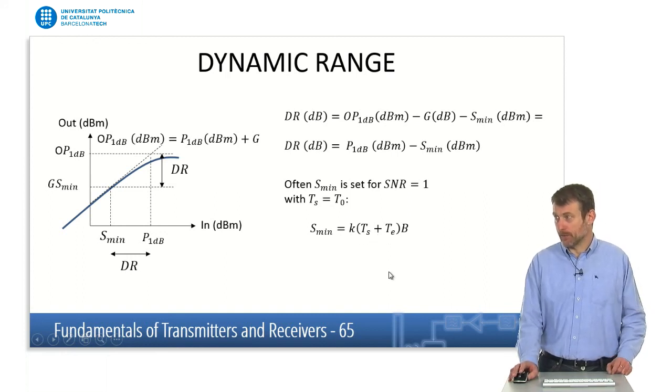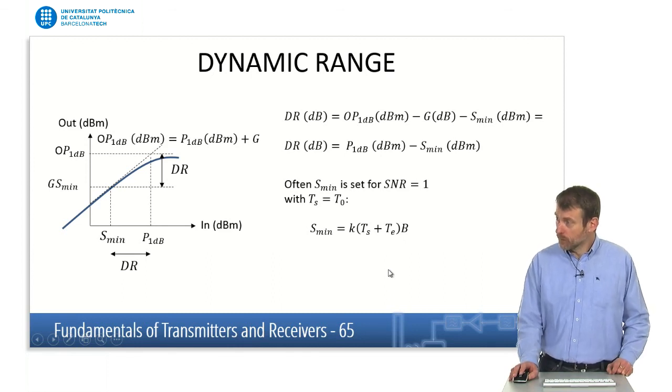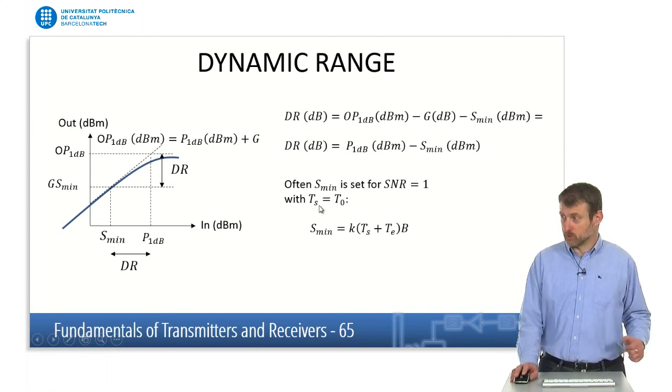Everything depends on how this minimum signal specification is defined. And often also the noise temperature for the antenna or whatever source we have connected at the input of the receiver is set to T0, to 290 Kelvin.